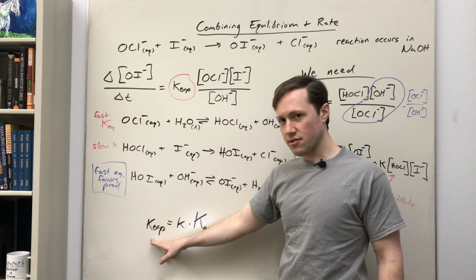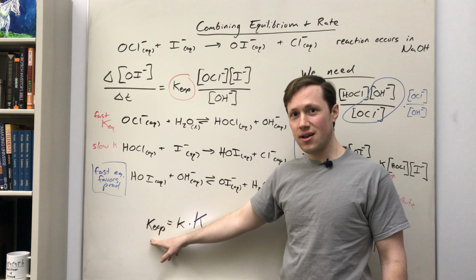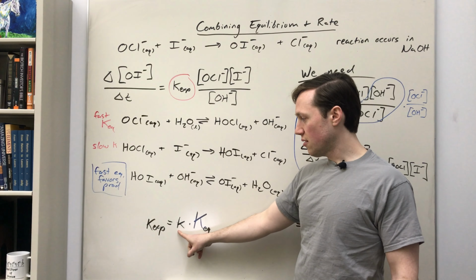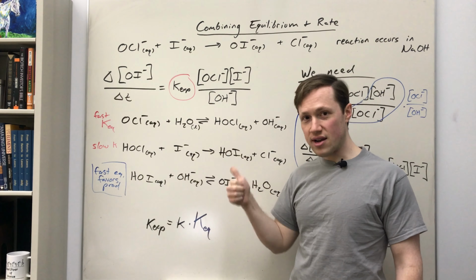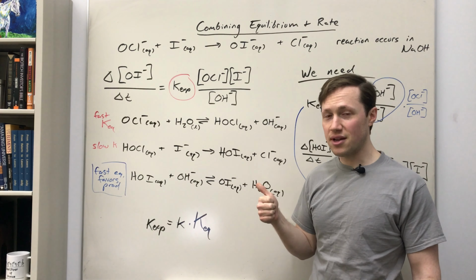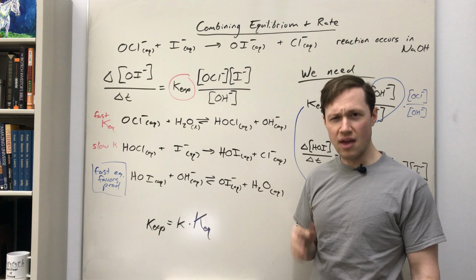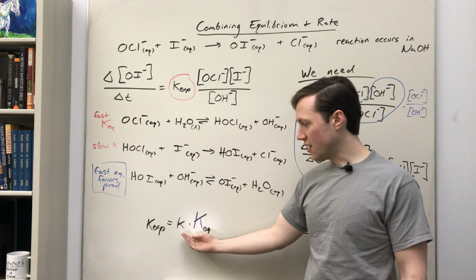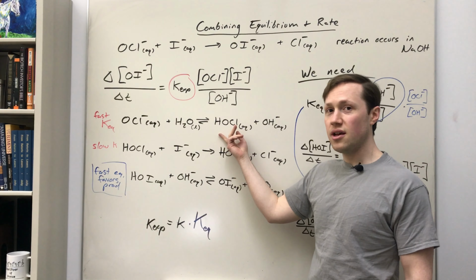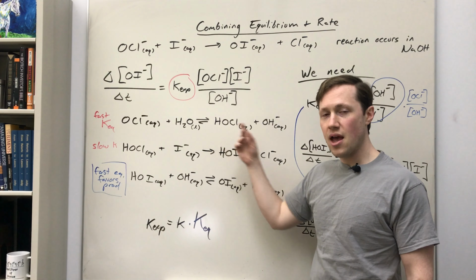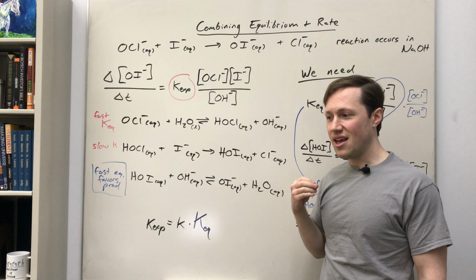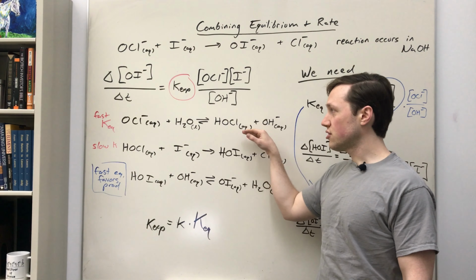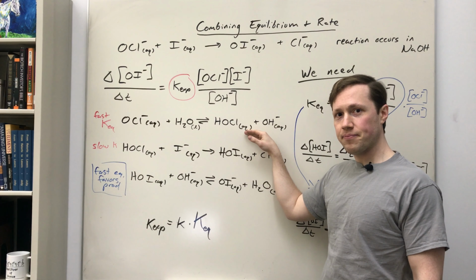This is how fast the reaction is happening overall, and it says how fast the reaction is happening depends partially on the rate of the slowest step, that is the rate determining step. That makes sense. It also says that it depends on the equilibrium position of this first step. Remember, an equilibrium constant that is bigger favors the products more.